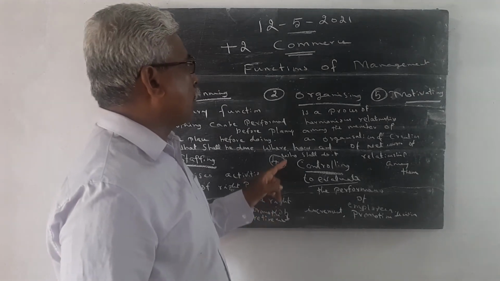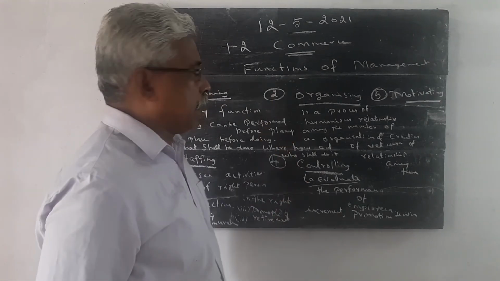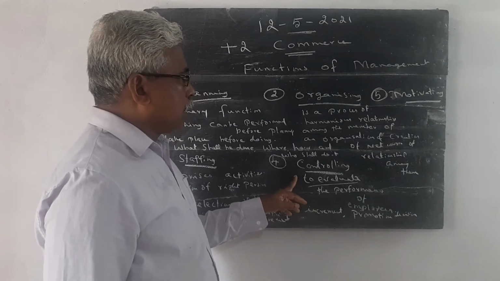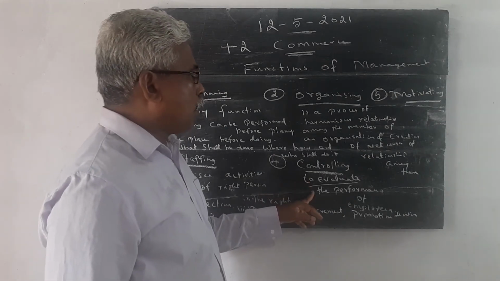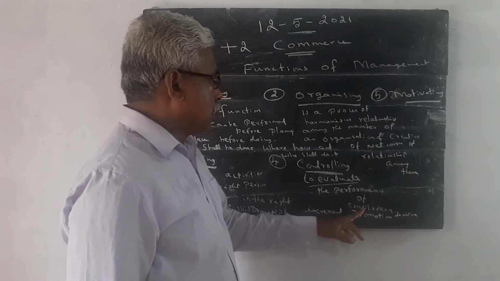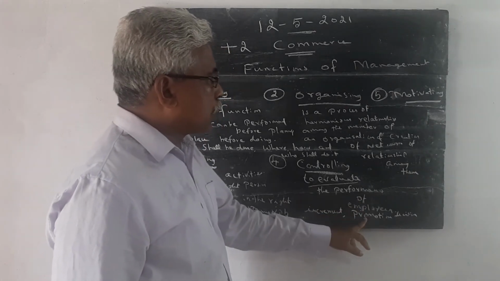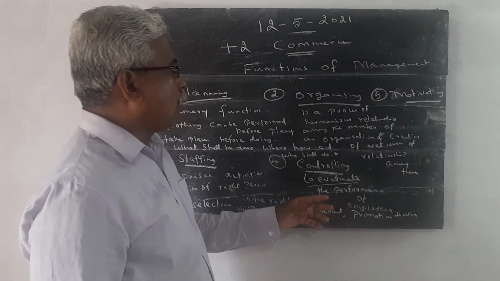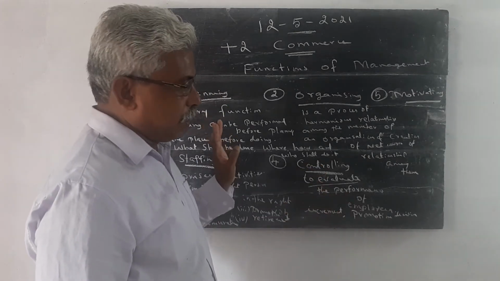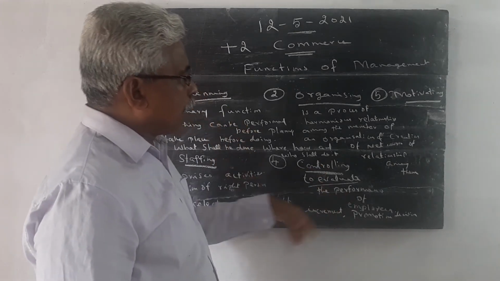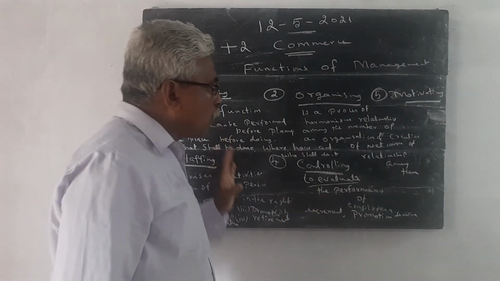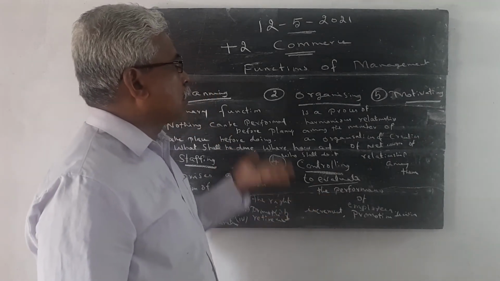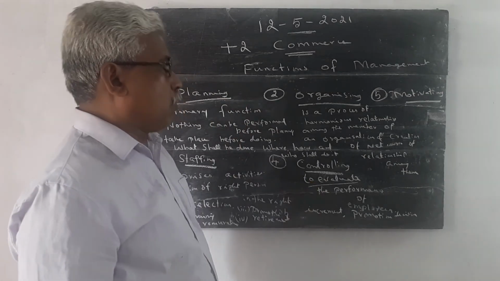Controlling is one of the important functions of management. Controlling means to evaluate the performance of employees. The increment and promotion decisions are taken on the basis of controlling. If any underperformers are found, proper training is given by the management to them.